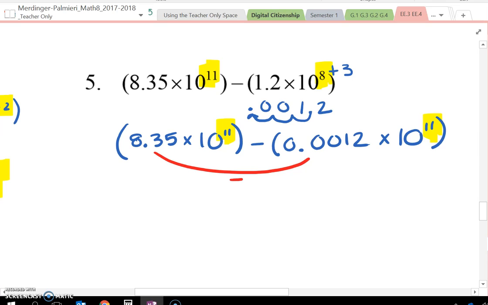And I'm just entering this into the calculator. So minus 0.0012. And I have 8.3488 times 10 to the 11th power.